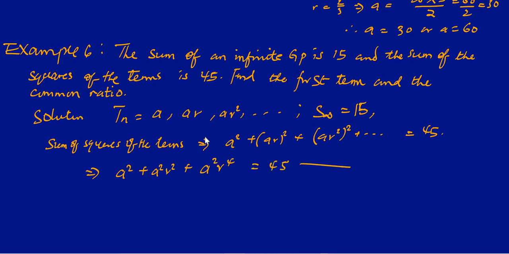That's equation 1. And the sum to infinity equals 15. S infinity equals 15, which implies that 15 is equal to A over 1 minus R. We're looking at this problem.